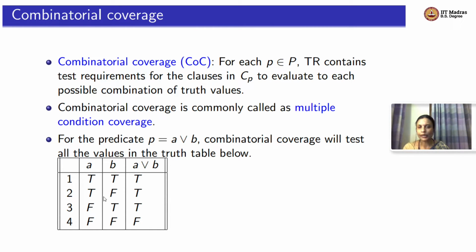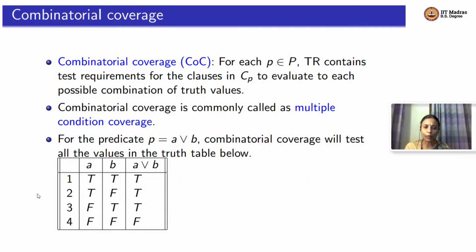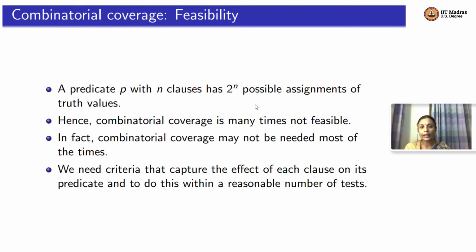This is fine, seems doable for small predicates like this, but it's difficult to scale it up for larger predicates. Suppose a predicate had n clauses, let's say 3 clauses, 4 clauses, 5 clauses. If you consider all combinations coverage through the truth table, then you're practically considering 2 power n possible assignments of true false values to the individual clauses. Right, because there are n clauses, and each clause can take true once, false once, totally 2 power n combinations.